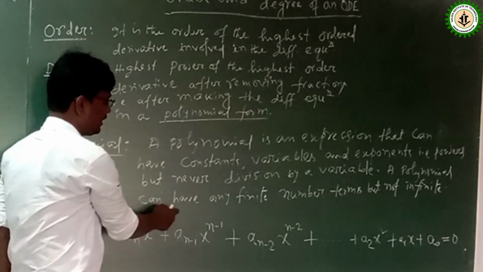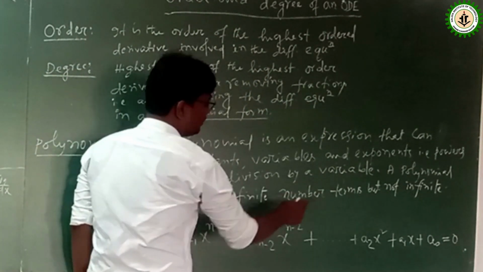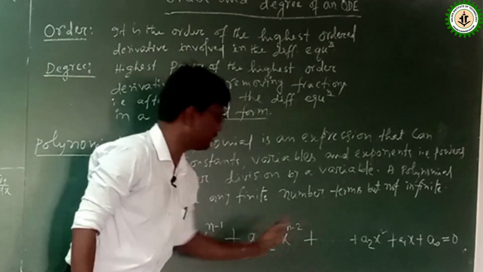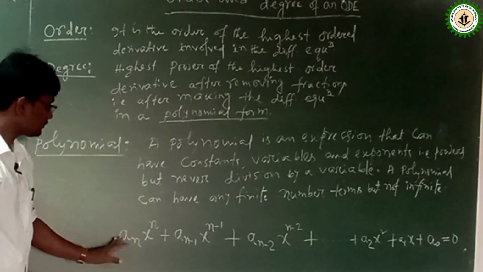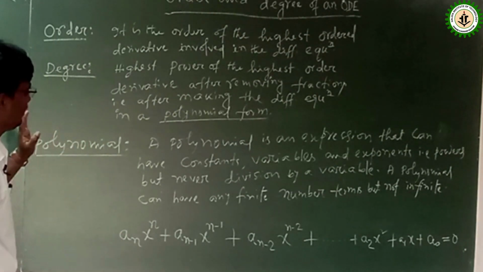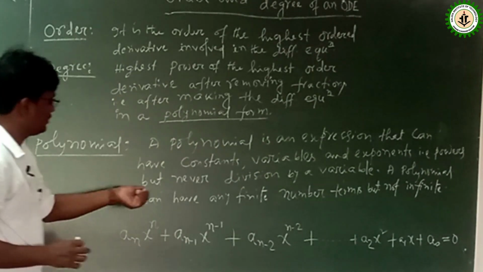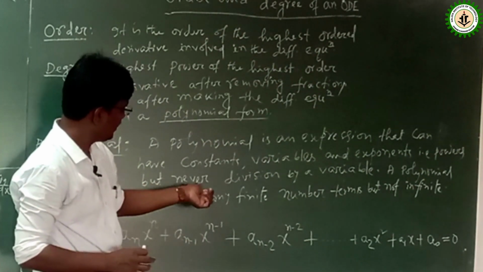A polynomial can have any finite number of terms but not infinite.